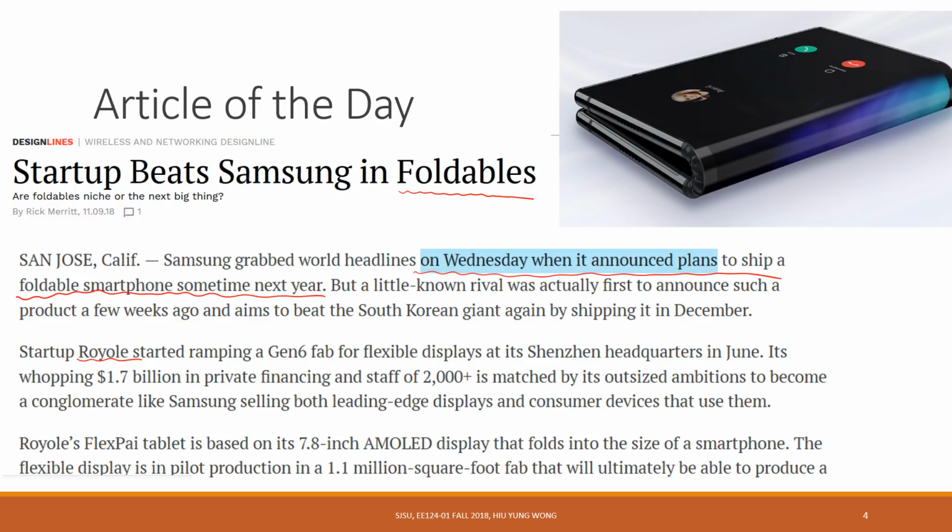So now you see there are lots of new things nowadays. Like the Samsung one, they all use AMOLED, active matrix organic LED. They have very sharp contrast and are also foldable, and this is something that you will see in the future. There is a lot of private financing going to this company because this is very promising.